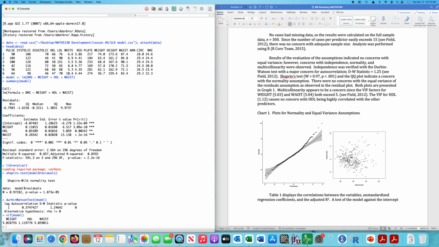If the VIFs for any of our predictors are larger than 5, then we have concerns with multicollinearity.